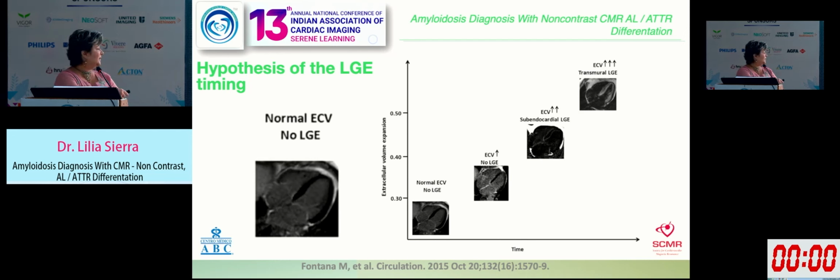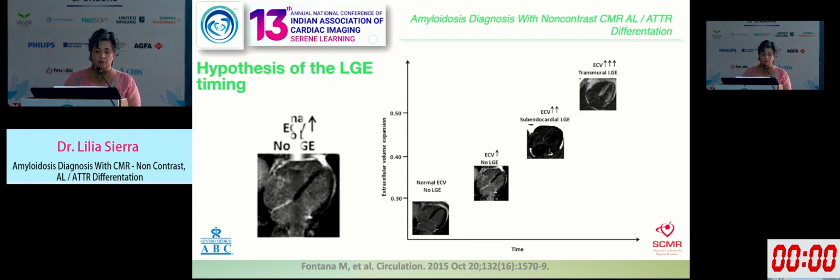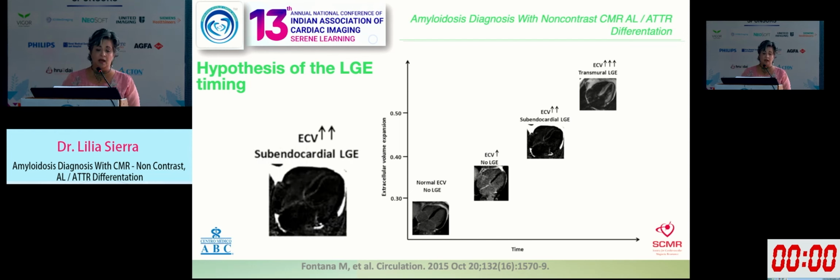But first, the heart, even with amyloidosis, could look normal, with normal ECV and with no LGE. But then the ECV will increase, and still there would be no LGE. And then the ECV will increase more, and the LGE will start in a subendocardial pattern.